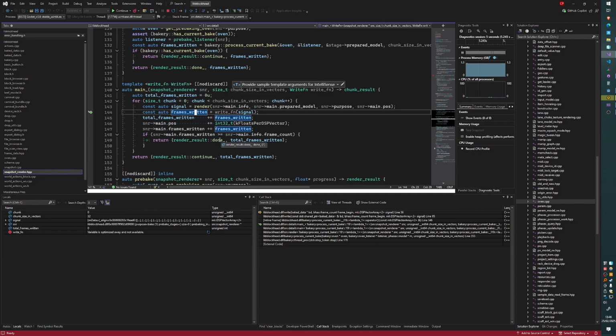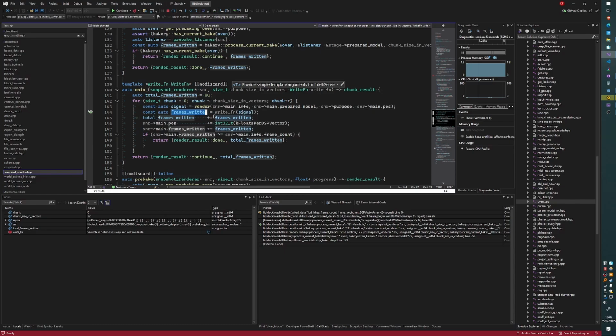We're not paying attention when frames written is thus. Frames written. We keep trying to render these vectors even after we've got okay.